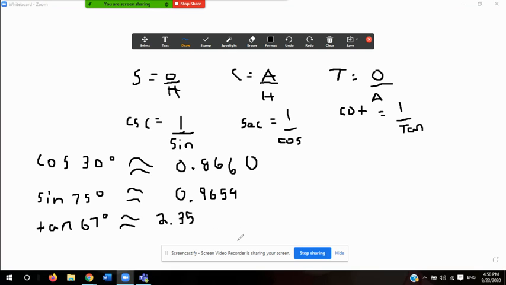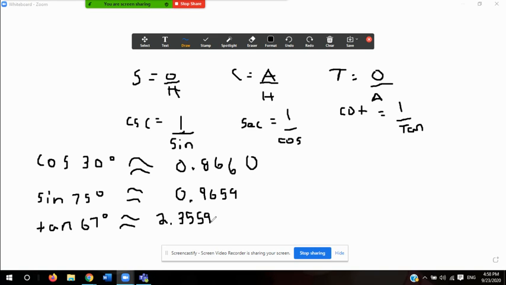So it's actually 2.35585, and because the number next to the 8 is 5 or higher, I round that up and I say 2.3559 approximately is the tangent of 67 degrees.